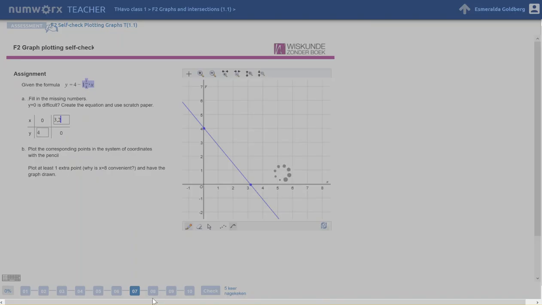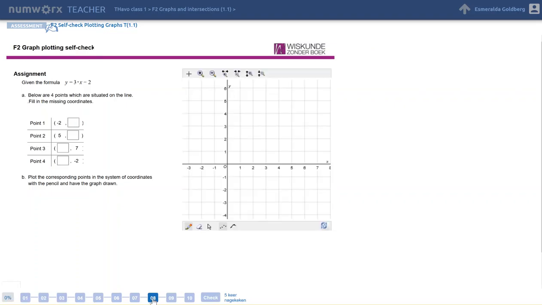Finally, exercise 8. Again, we have to do a similar thing. They give us 4 points that are on the line of this formula, and we need to find the missing coordinates. The first two work the same and the last two work the same. These ones are easy and these ones are a bit more difficult. I'll show you the first one first. They give us an x coordinate of -2 and an unknown y coordinate that we need to find.